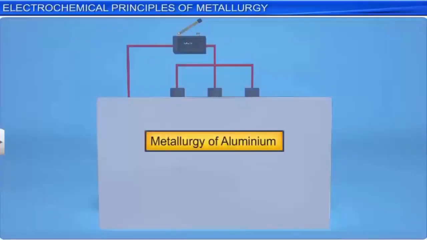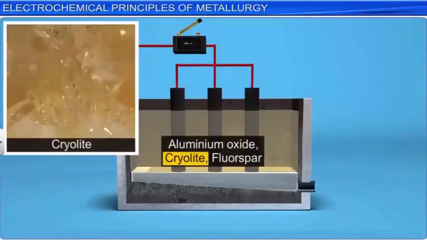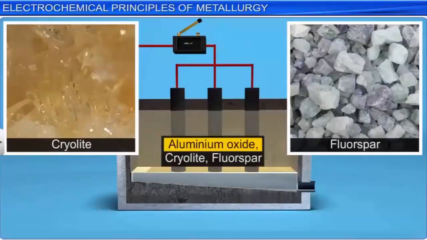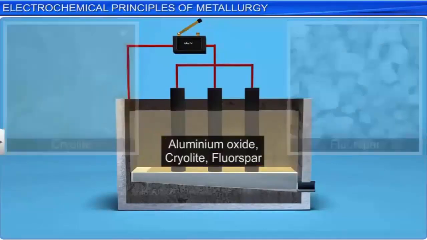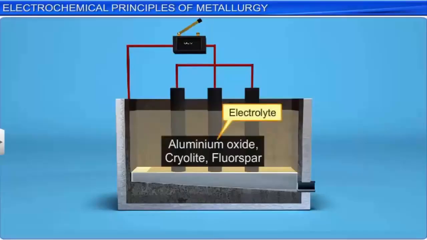The metallurgy of aluminium is the best example of reduction of metals through electrolysis. In this process, we add cryolite and fluorspar as flux to aluminium oxide. Because pure aluminium oxide is a bad conductor of heat and electricity, the fused substance is used as the electrolyte.